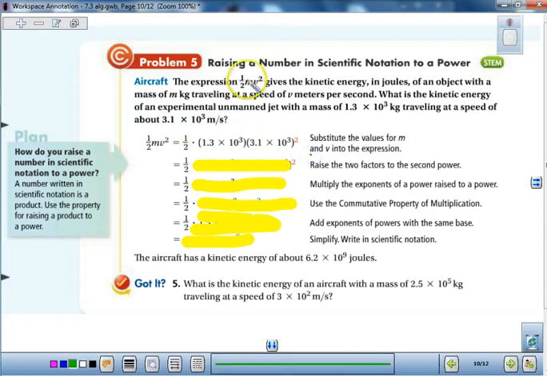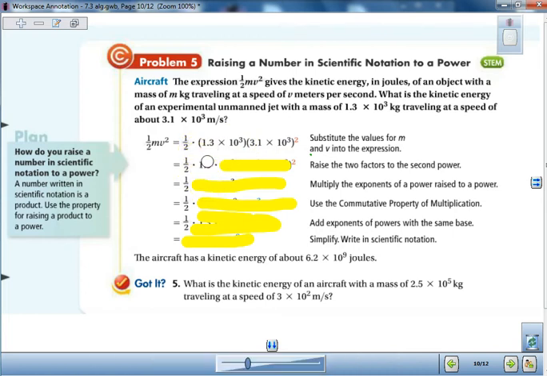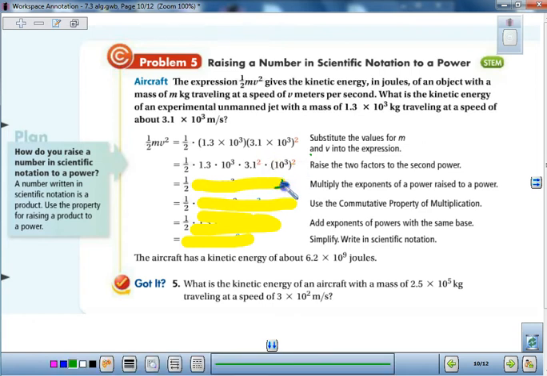So looking at what our formula was, m and v squared. Here we're going to square both of these. So we have the 1.3 times 10 to the third. 3.1 is squared, and this becomes now a 10 to the 6th.